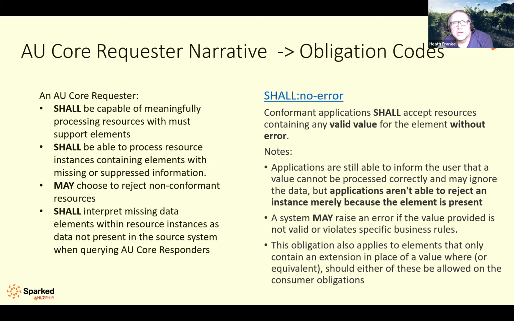So the only obligation on the client is that they don't error on an element that is marked as must support. They still may error on an element that is not marked must support, but that's not what AU Core is obliging them to do. It's a little tighter. You can't error unless it's invalid. Correct.